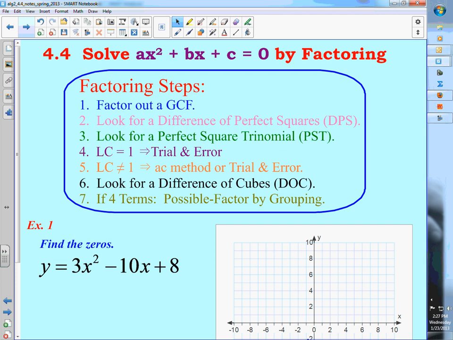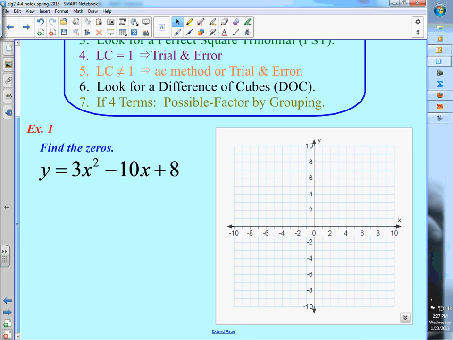So when you look at 3x squared minus 10x plus 8, and I want you to find the zeros, I need you to be able to do that. And some of you can. In fact, the vast majority of you can. And some of you are in denial of your factoring abilities.